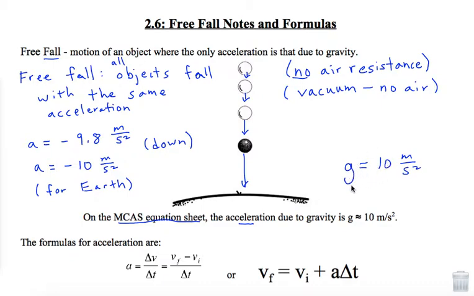We're not really going to use the letter g for right now, but we will use that the acceleration is negative 10 meters per second squared. So anytime an object is falling, we get to use this acceleration. Anytime an object is dropped or falling, we automatically know this acceleration, even if it doesn't tell it to us, just because it's dropping.